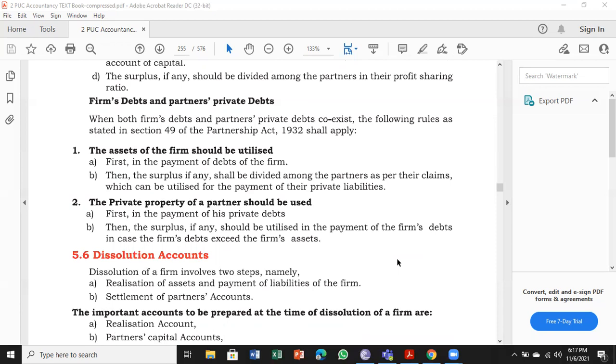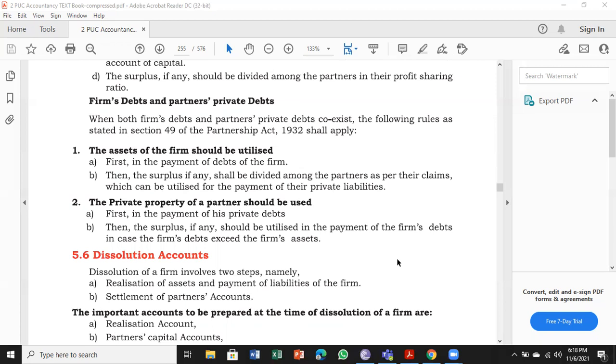Then if the partner has to pay, the private assets also can be considered. If it is an unlimited partnership, then pay the partners' private liabilities, and the excess money is taken to the partnership business and used for paying off business loans.